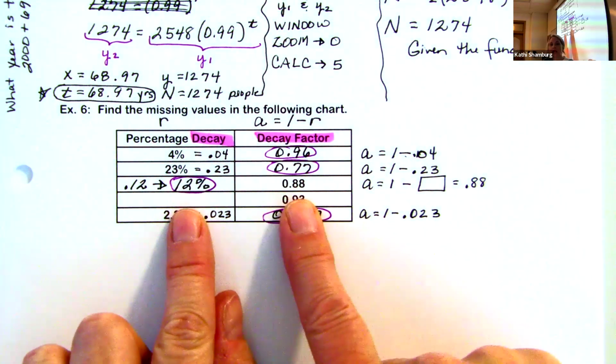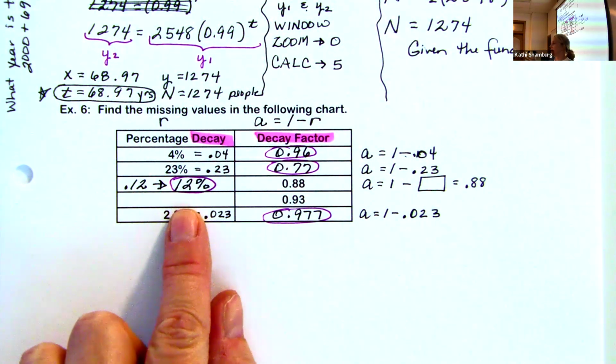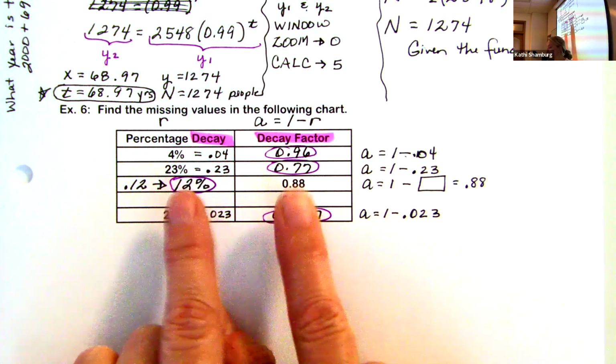All right, think of 0.88 as 88%, because that's what 0.88 is, right? Okay, what is 88% plus 12%? 100%. So these two columns, if it's easier for you, think of both of them.